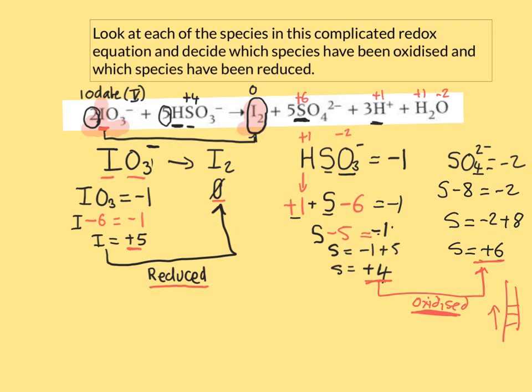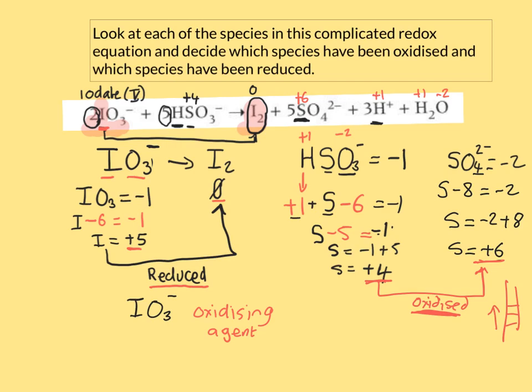Now remember, the species that becomes reduced has taken electrons. It's taken electrons away, and therefore we can say with all certainty that the IO3 minus ion is the oxidizing agent because it has become reduced. It's taken electrons.